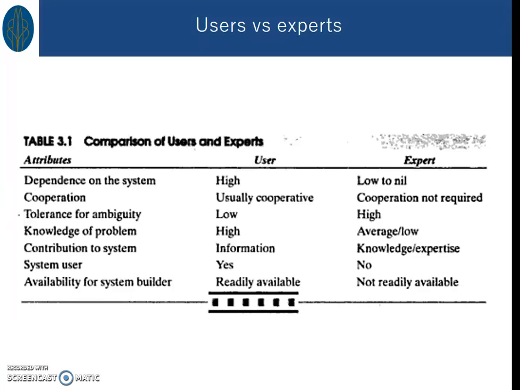These are some of the other attributes such as cooperation, tolerance for ambiguity, knowledge of problem, contribution to system, user availability for system builder. I think it's self-explanatory. If you look at the attributes, you would appreciate why the user is very low on a particular attribute while an expert is very high, for example.